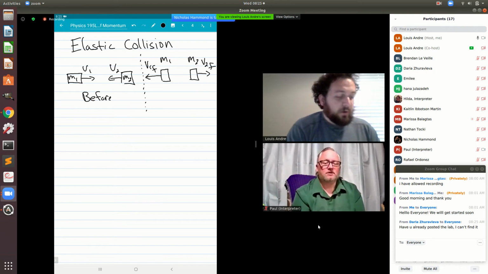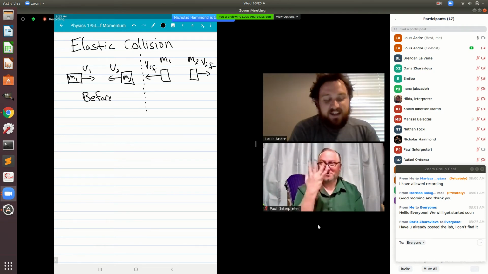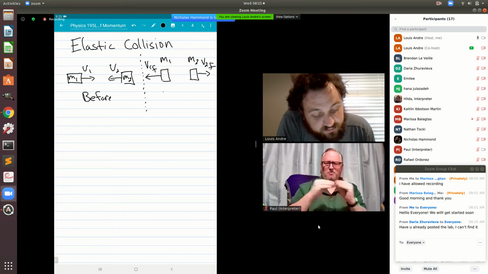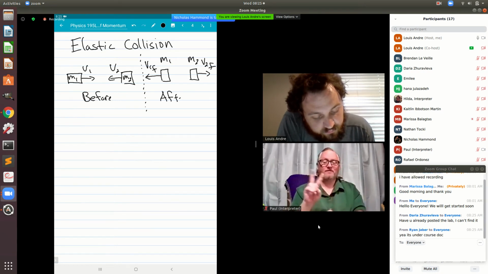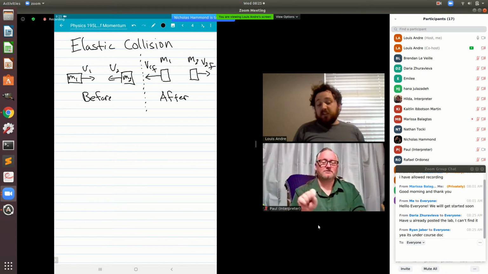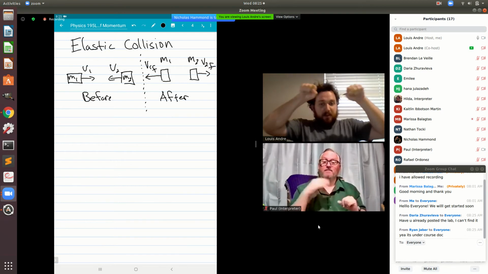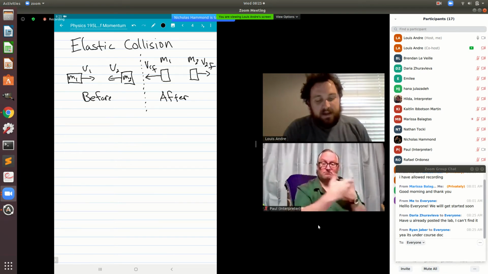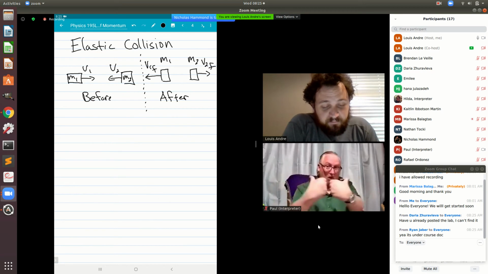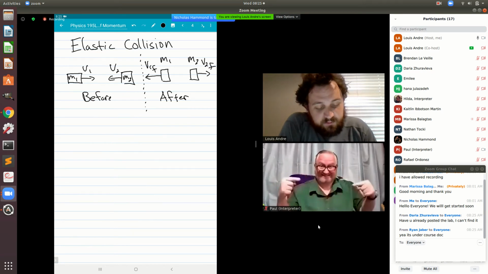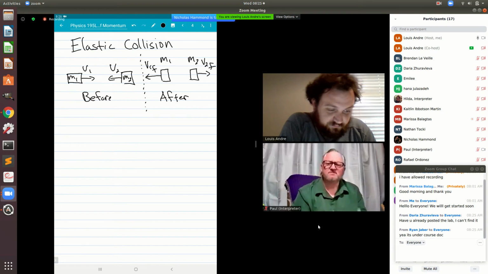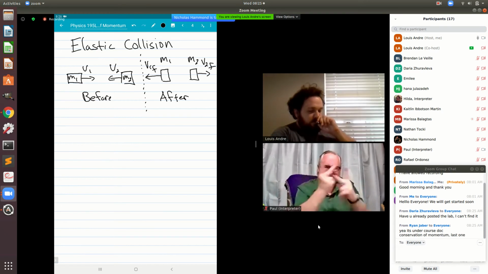You can see already why these are going to be more complicated. I've got a lot more variables here. But I can have some blocks heading towards each other, and then they bounce off each other and head back in the opposite directions, right? So how would I handle this? Well, same as before.